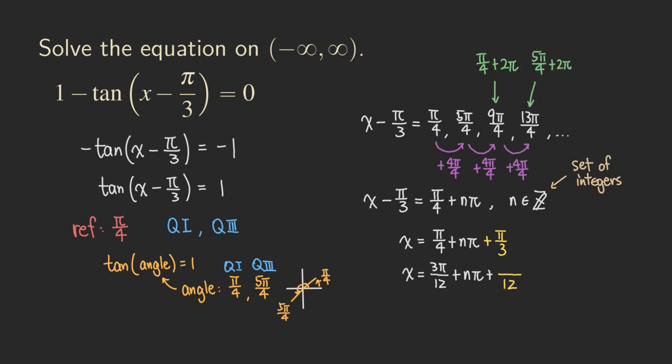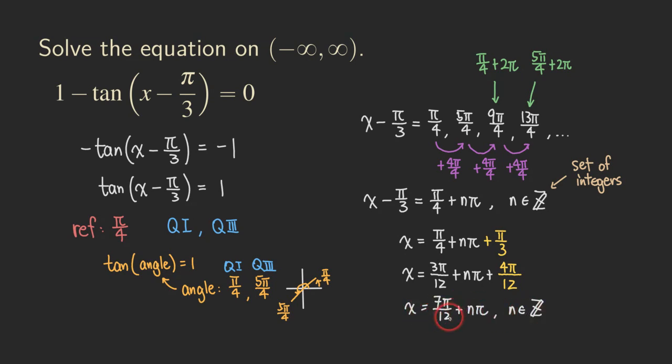Also change it to 12 and then multiply top and the bottom by 4. So we get 4 pi over 3. So our final answer, okay, would be 7 pi over 12 plus n pi, where n is an integer. I will just write it down one more time again because I'm putting down my final solution right here. So that's my final solution.